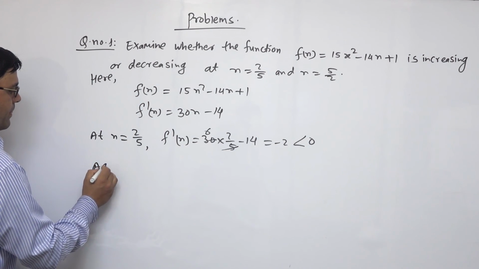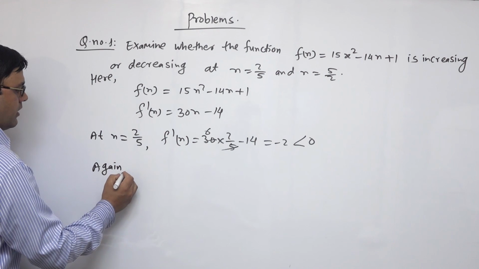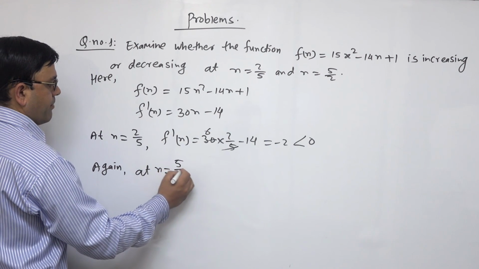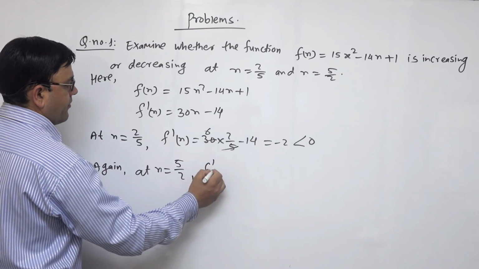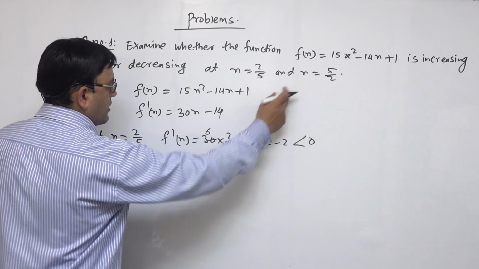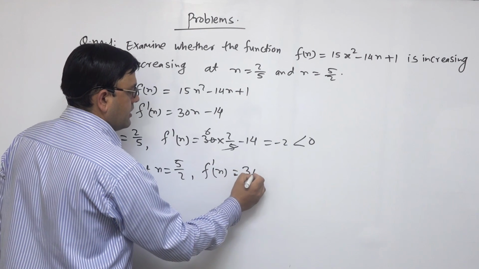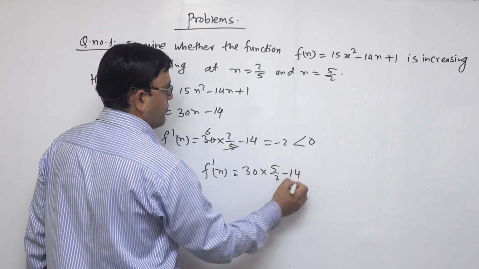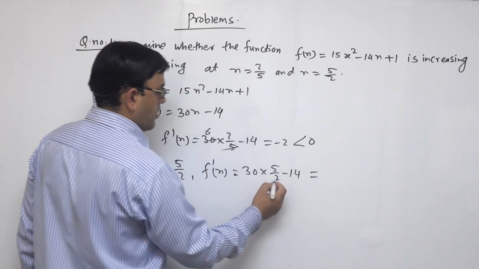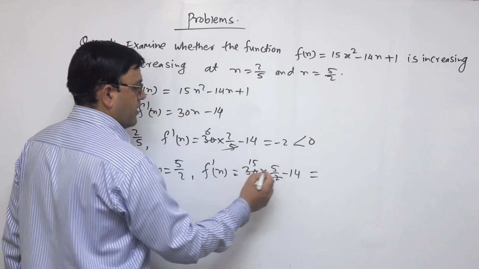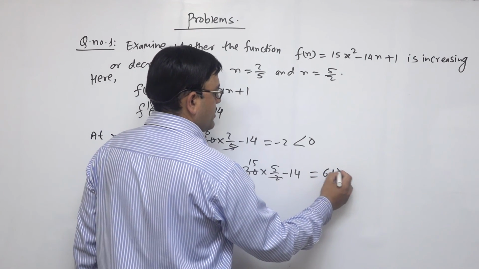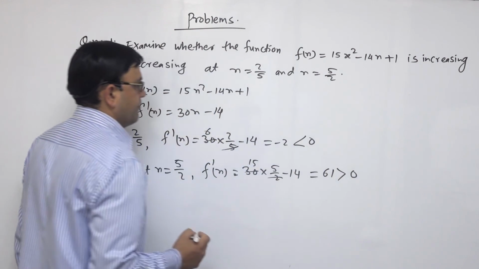Again at x is equal to 5 by 2, what is f dash x when we put 5 by 2? Look, 30 times 5 by 2 minus 14 is equal to 75 minus 14, which is 61, which is greater than 0.